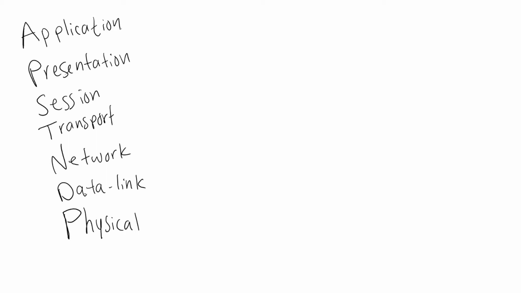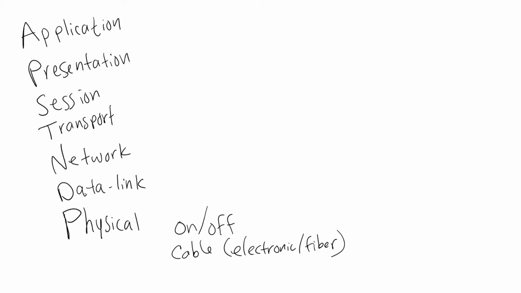At the physical layer, we are dealing with on and off signals. And that can come in the form of cable, either electronic or fiber. It can come in the form of RF, radio frequency.